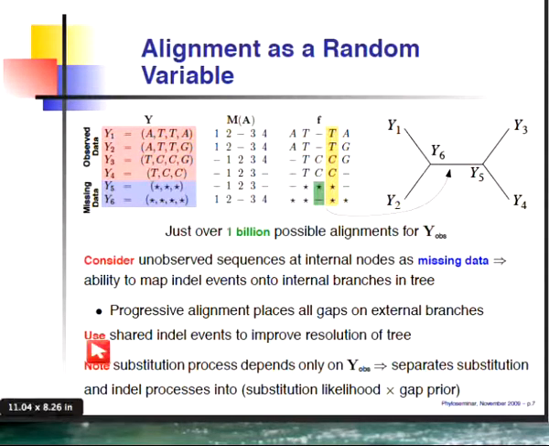So in doing this sort of data augmentation, not only do we get around the fact that insertion deletions can be shared by descent, but we can begin to envision using that information of indels that are shared by descent to improve our phylogenetic resolution itself.